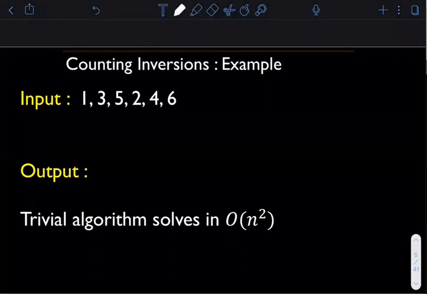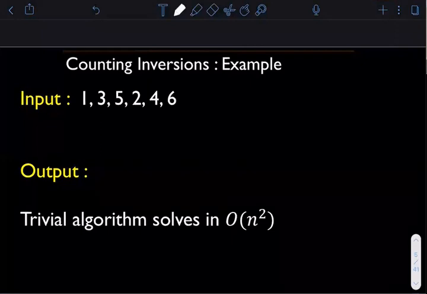Well, all you can do is fix one index of the array and compare it with all the other indices of the array which occur after that, and you can check whether this element takes part in any inversion or not. Now clearly there are n elements, so you need to just run 2 loops, one outer loop and another inner loop in your code, and it will give you the right answer. So n square is a trivial algorithm. Any questions so far?